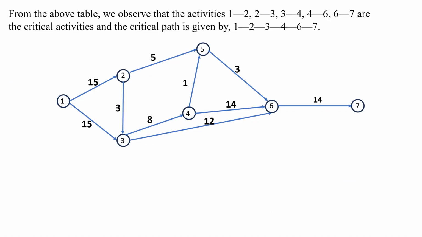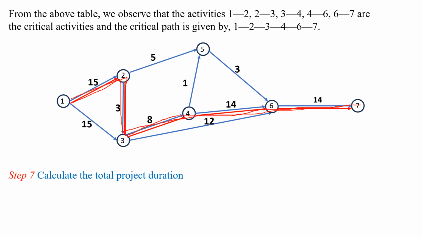Then we have to identify this critical path in the network diagram by indicating the double arrows. So our critical path is 1 to 2, 2 to 3 and 3 to 4 and 4 to 6 and 6 to 7. So these are the critical activities and the critical path is 1, 2, 3, 4, 6 and 7.